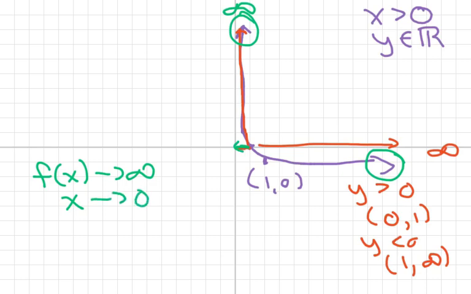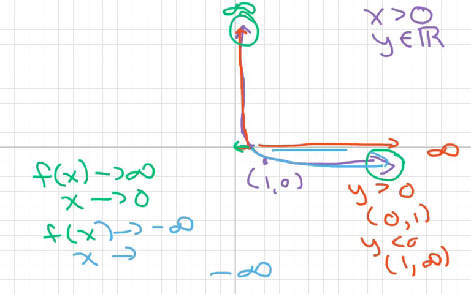And as your f of x goes to negative infinity, your x approaches infinity. There's no symmetry here, therefore it's neither even nor odd. It is a one-to-one function, so we do have the inverse.